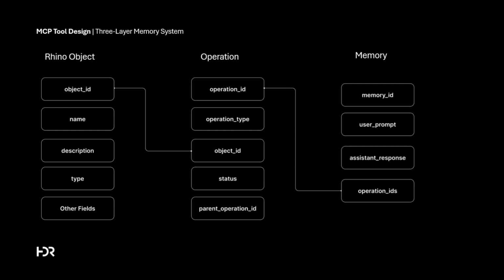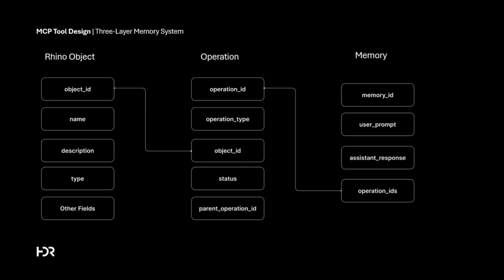Every user will have their own instance, and the memory and operations will be stored in their instance on the remote server. The memory will include the user prompt, the agent response, and a lot of operation IDs. This operation ID will record the operation type in Rhino and which object was operated on.